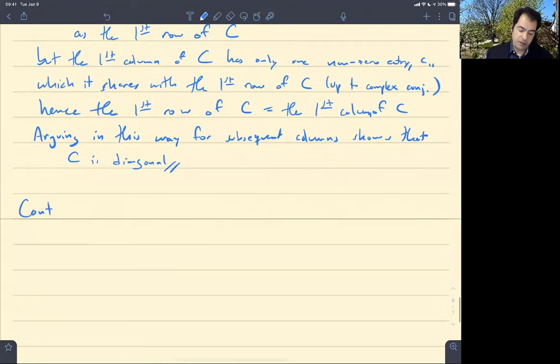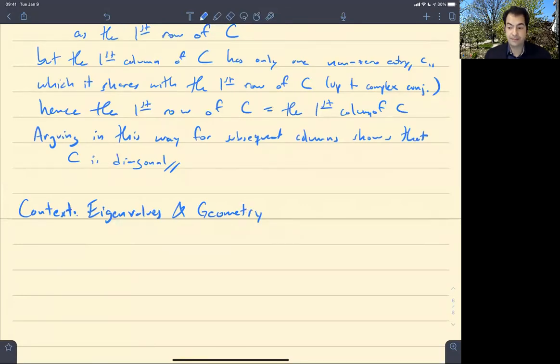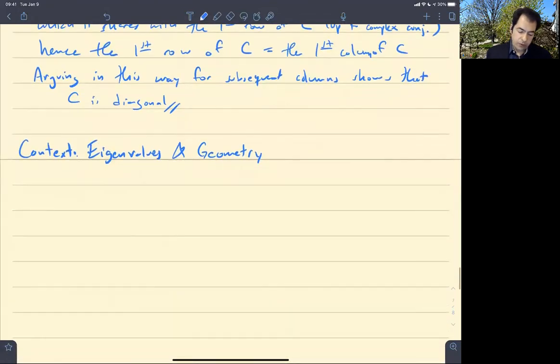I will give you now some context. In this case, I want to tell you a little about eigenvalues and geometry, which is one of the topics that I like to spend a lot of time thinking about. So let's look at an infinite dimensional setting.